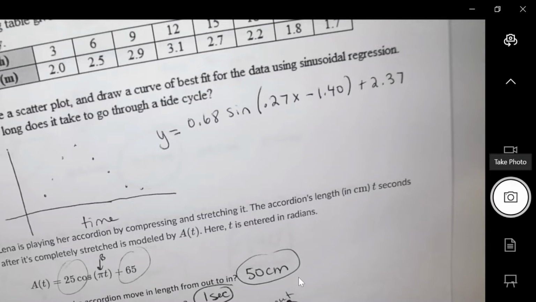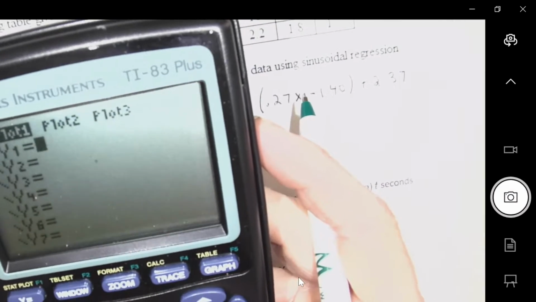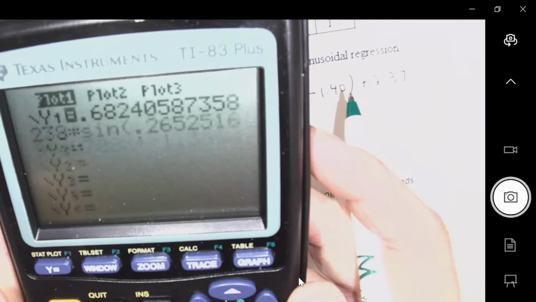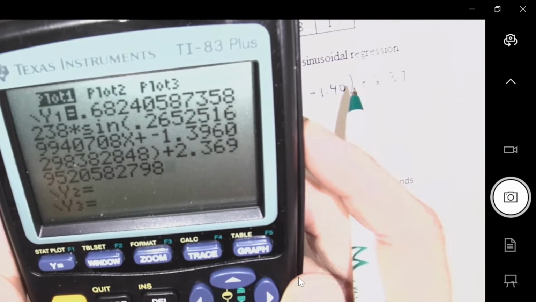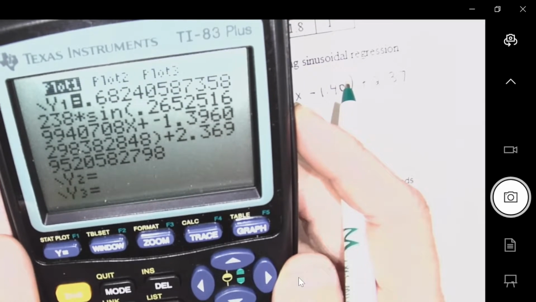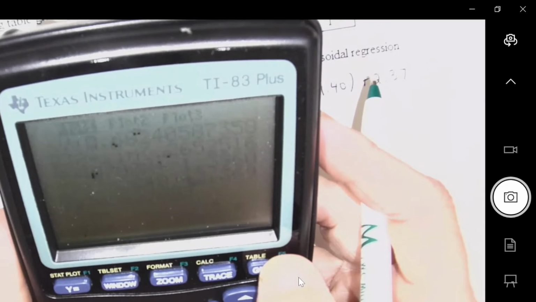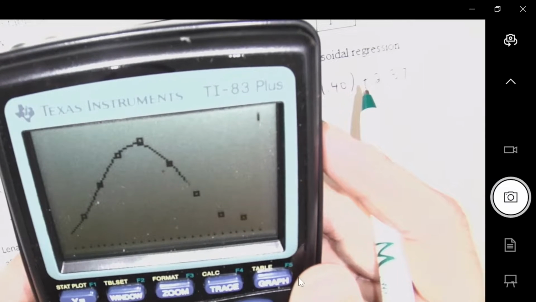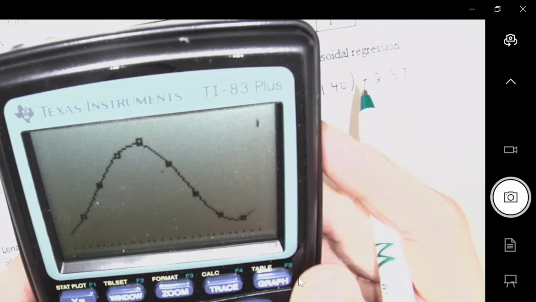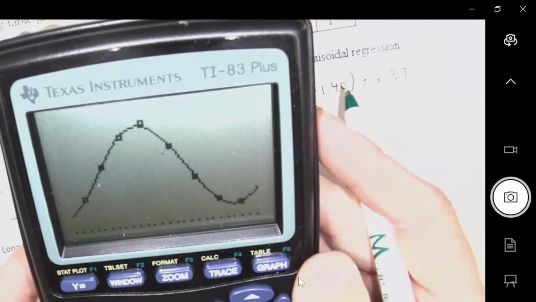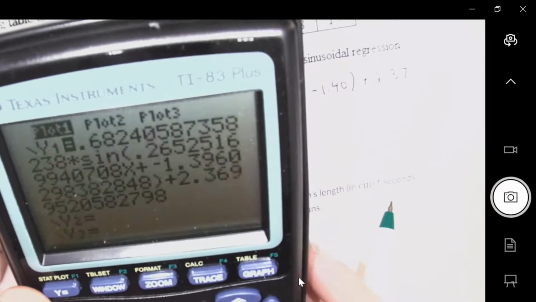Okay, so let's get that equation into our y. So y equals vars stats, okay, if we want to graph it, okay, I'm going to get that plot off there.